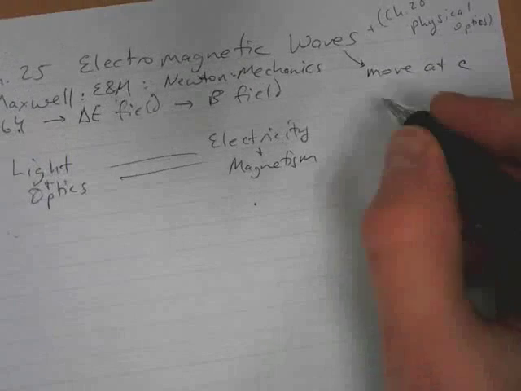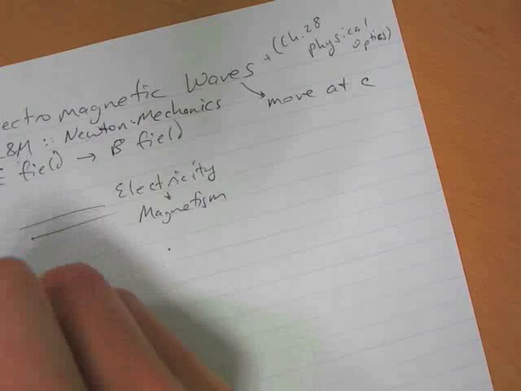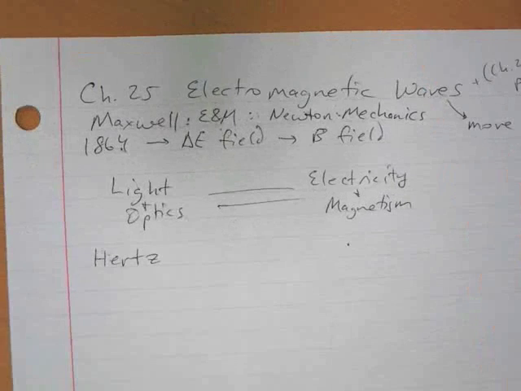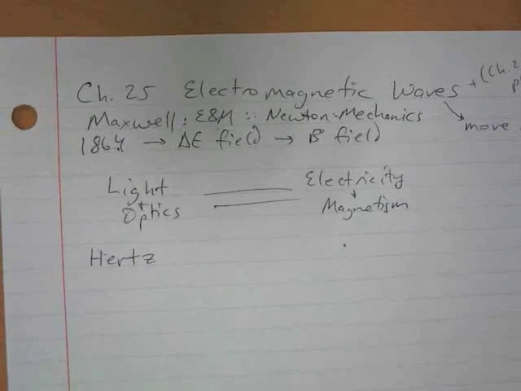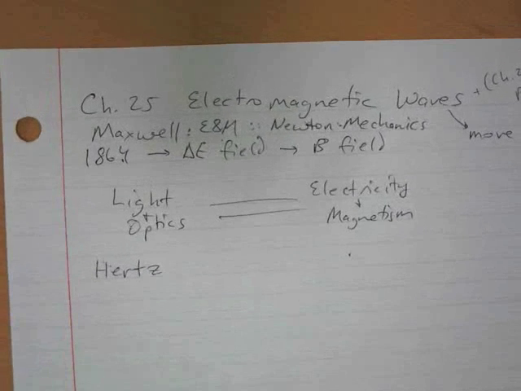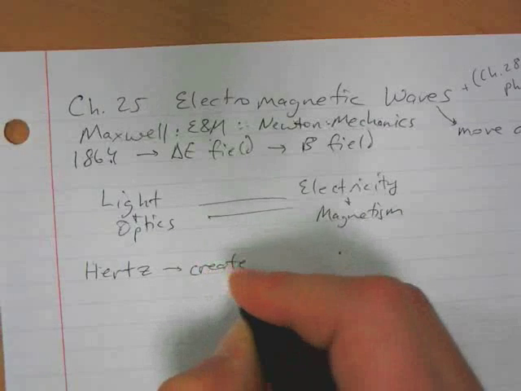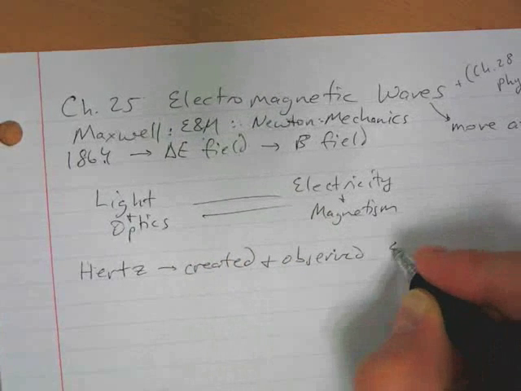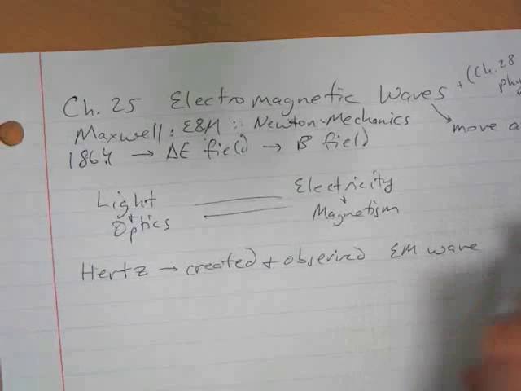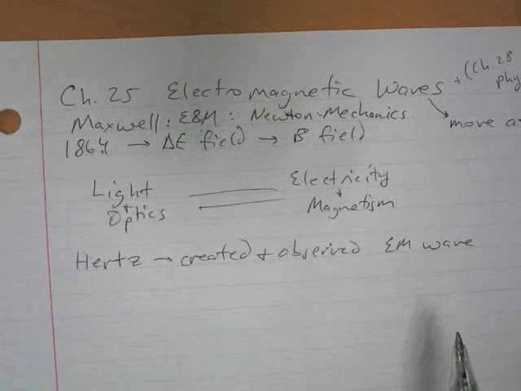Another famous name around this time that you've heard of, but you may not have known it was a name, was this guy named Hertz. That's where the unit for frequency comes from, was his name. He was the first one to create and observe electromagnetic waves. I'm going to abbreviate electromagnetic as EM, because electromagnetic is a long word to write.